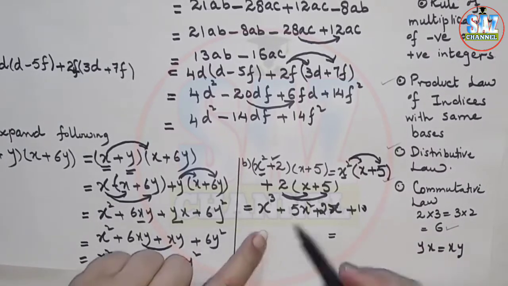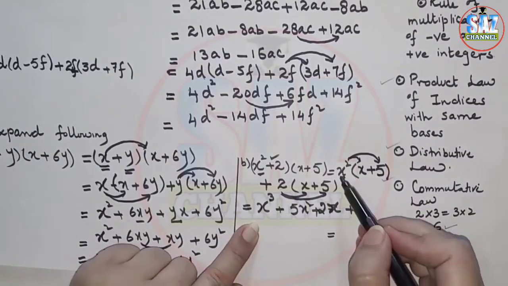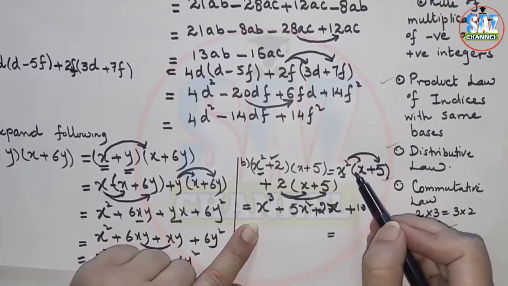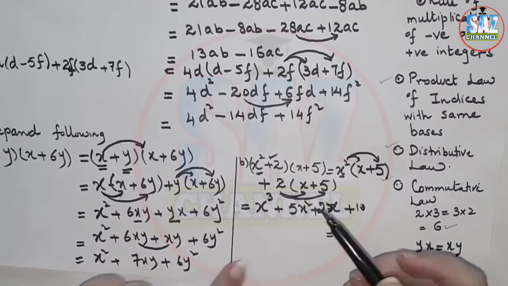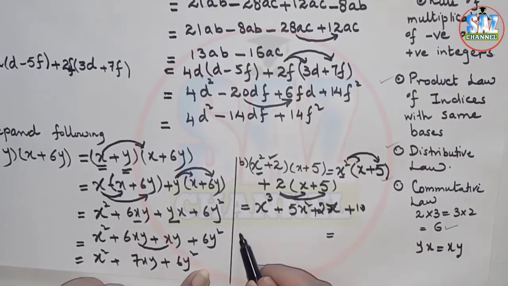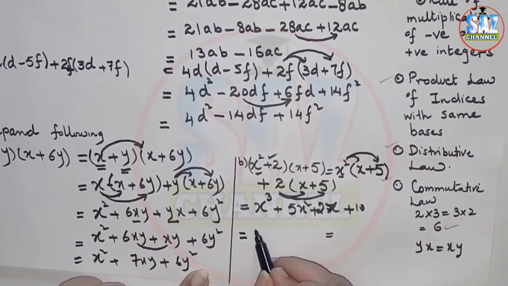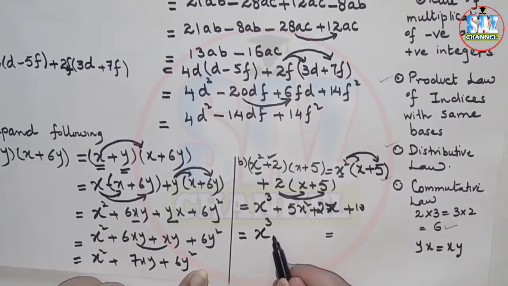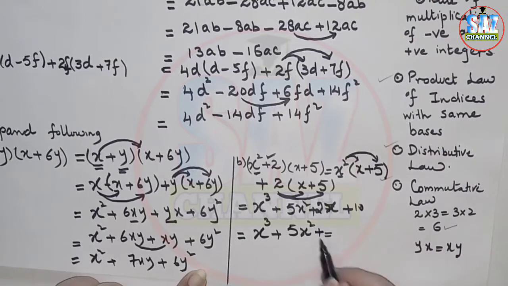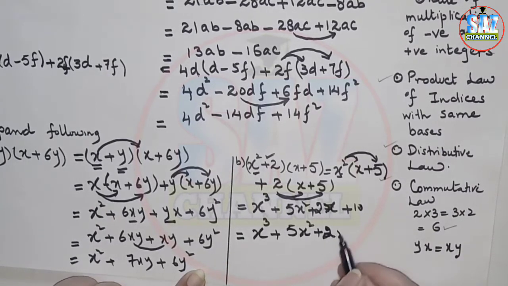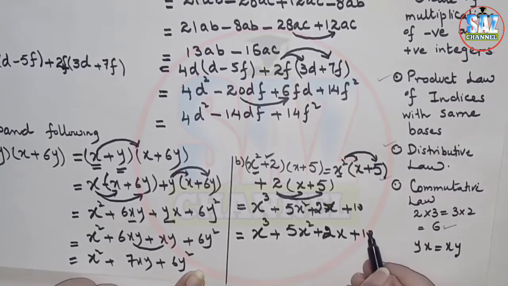Agreed? Here I am multiplying this x square by x, I am applying product law of indices with same basis. So we can see that in this expression there is no like term. So we will be writing our answer as it is, or this will be our answer.